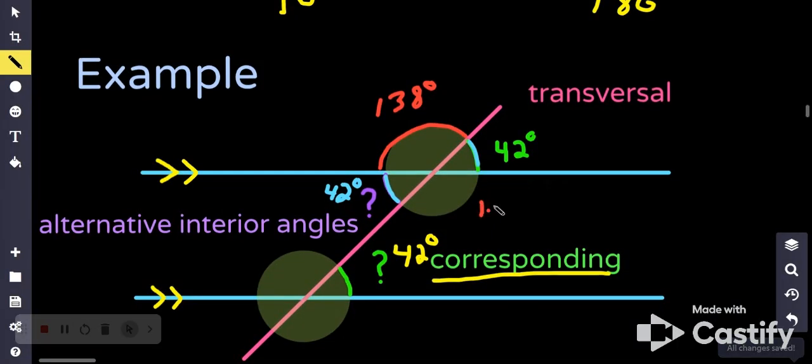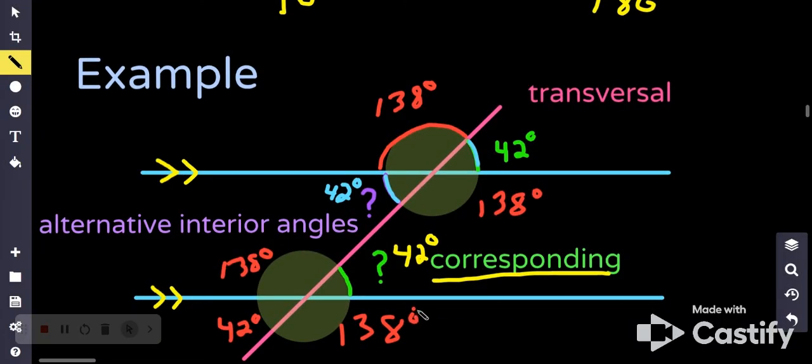Okay, which would mean this also must be 138. This also must be 42. This must be 138. This must be 138. So you can see how even one piece of information helps a domino effect to occur, where once you know one piece of information, you can figure out the others pretty quickly, so long as you know that these lines are parallel.